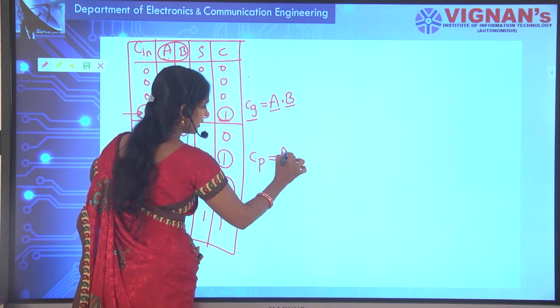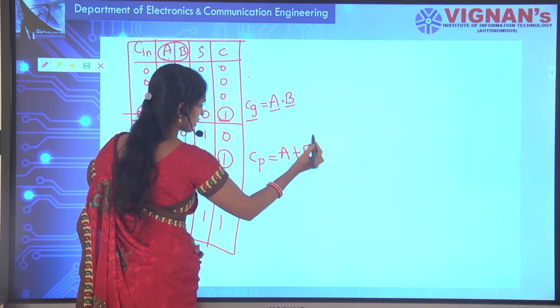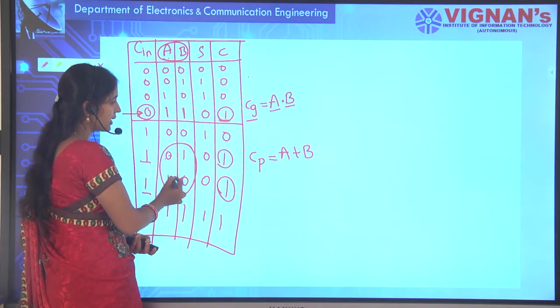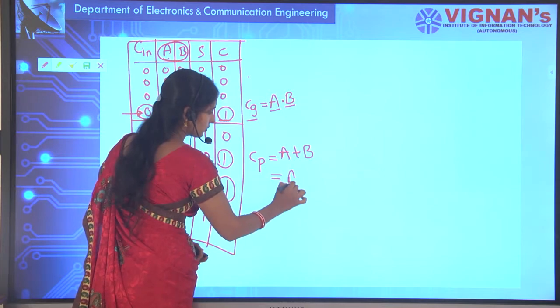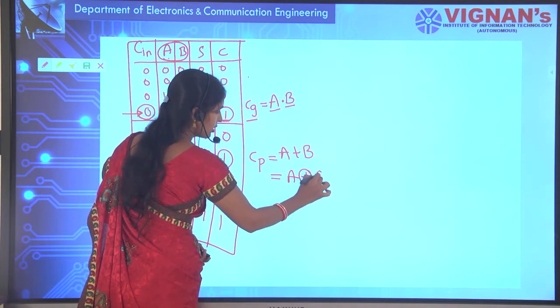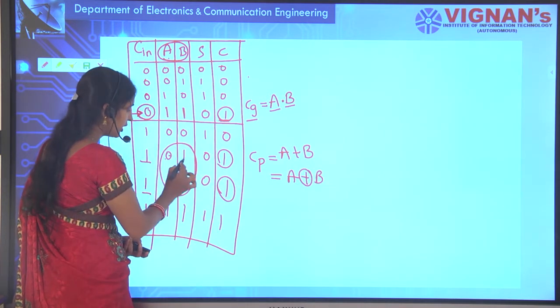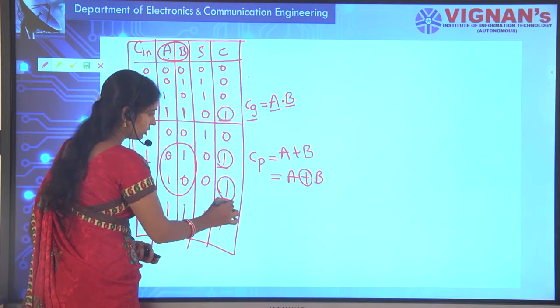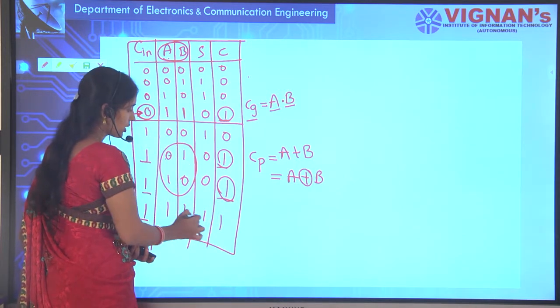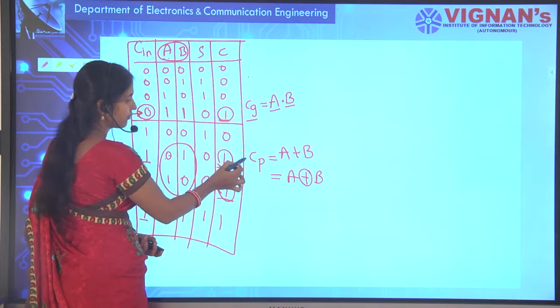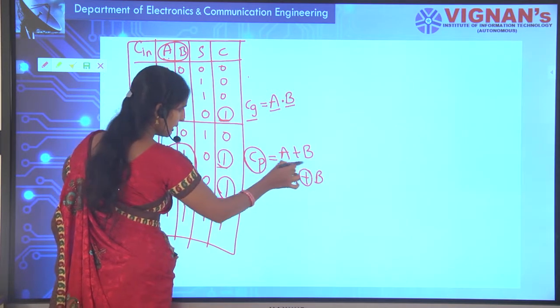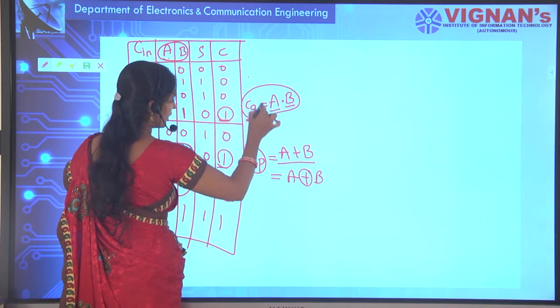So I call it A plus B, or else I can call it A XOR B also. Why? Because different inputs give output 1, and same inputs give output 0. This is called a carry propagate, and this is called a carry generate.